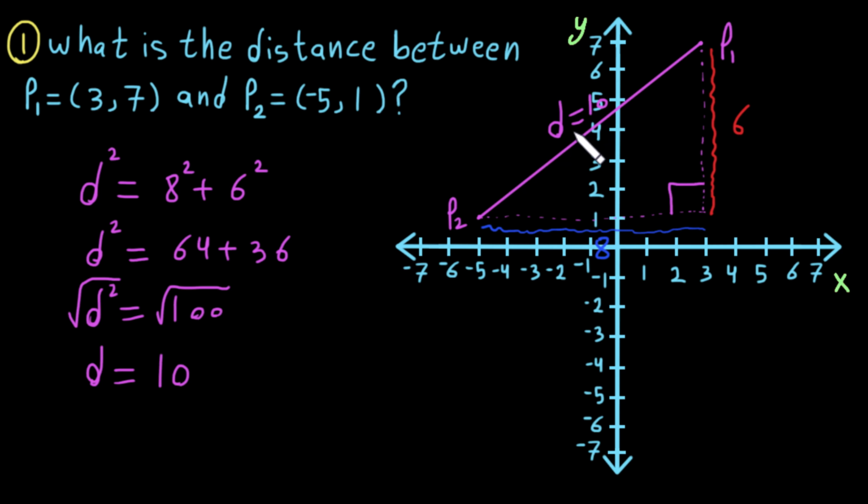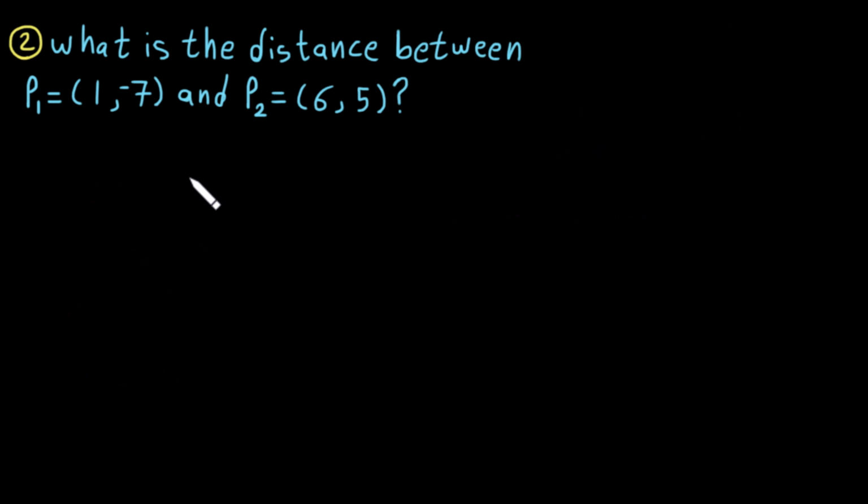Now let's take another example. Example 2: what is the distance between the 2 points P1 equals (1, negative 7) and P2 equals (6, 5)? As we know, here this one is x1, this one is y1, and here this is x2 and y2 for the second point.